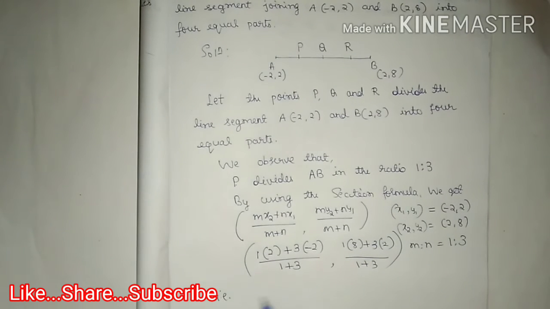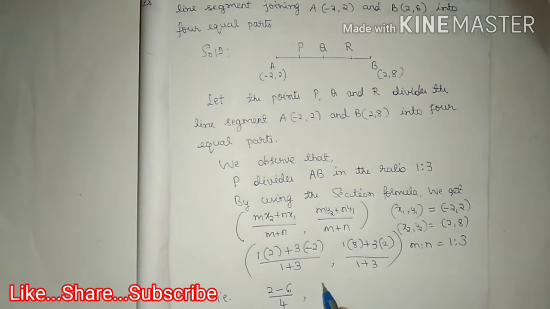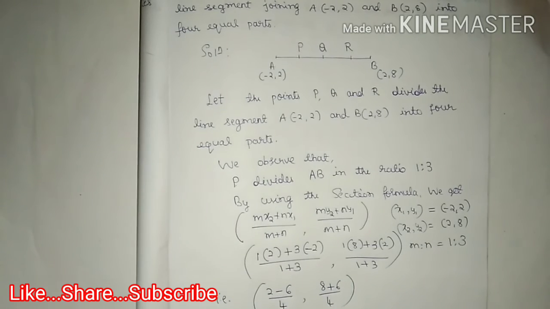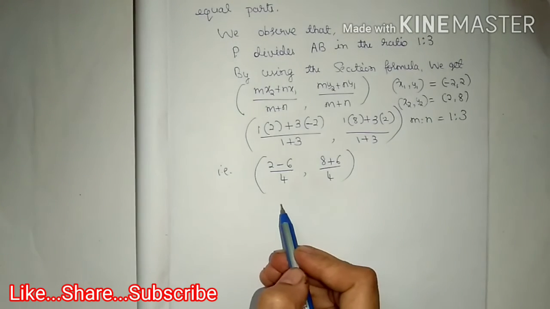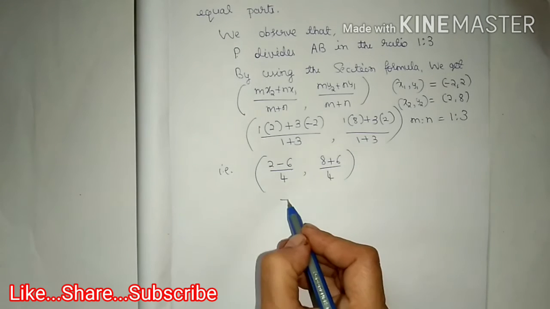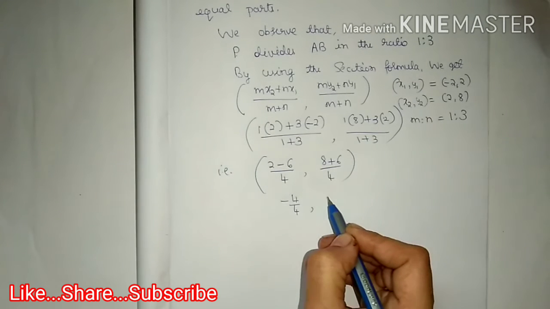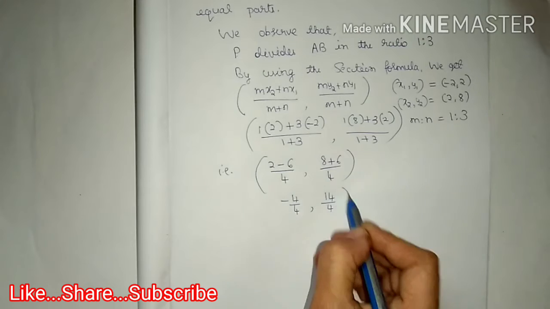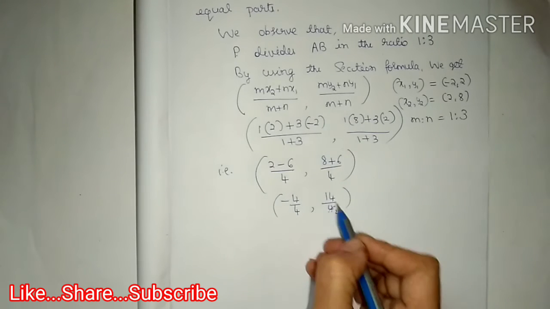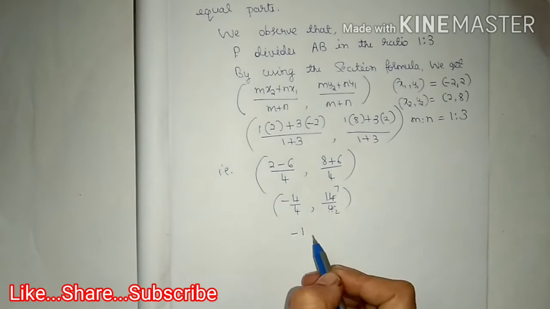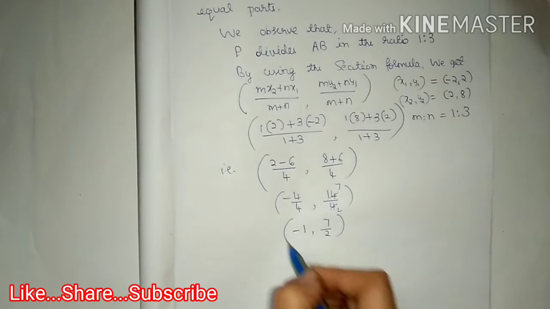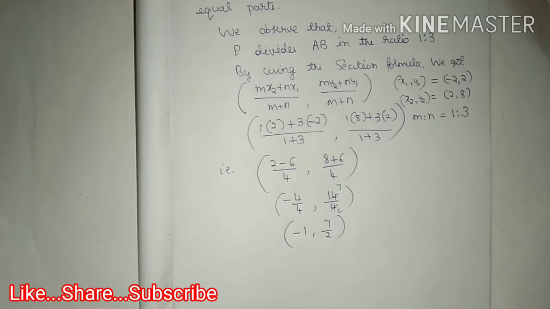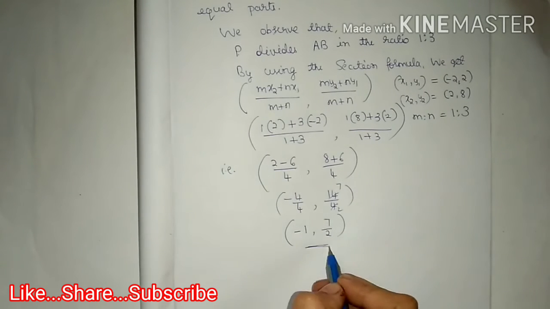That is (2 - 6)/4, (8 + 6)/4, which is -4/4, 14/4, that is -1, 7/2. Coordinates of P are (-1, 7/2).